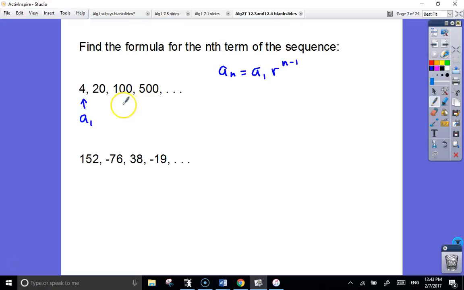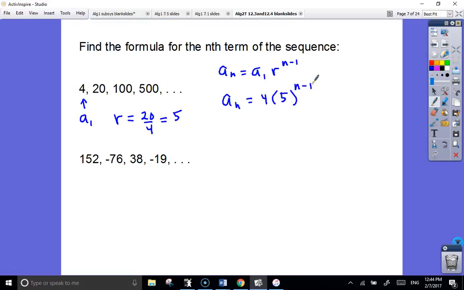What is the r in this first one? r equals 20 divided by 4, which is 5. So here's the formula. an equals 4 times 5 to the n minus 1. And that's it. There's no simplifying to do.